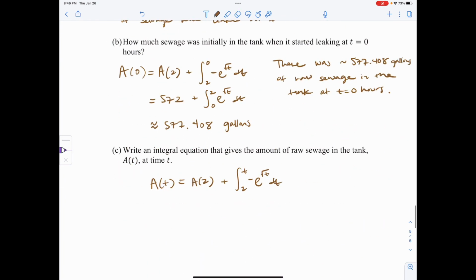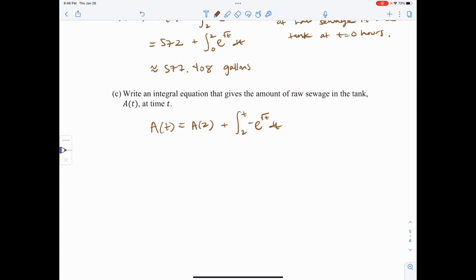I guess we should technically maybe change that to be an x, just so that those variables are different. I guess if you're replacing t, that's okay. It's just that we're not plugging whatever t is in right away.